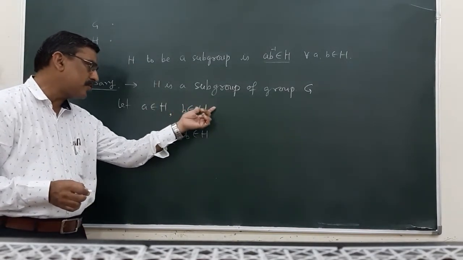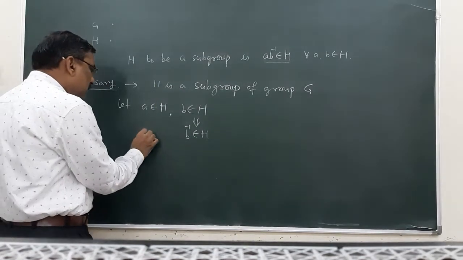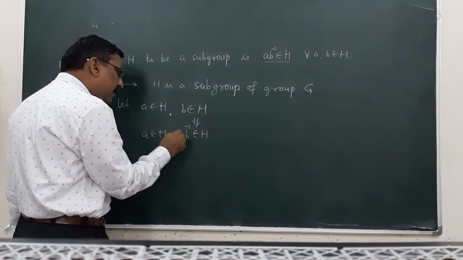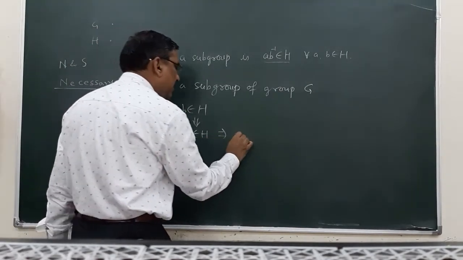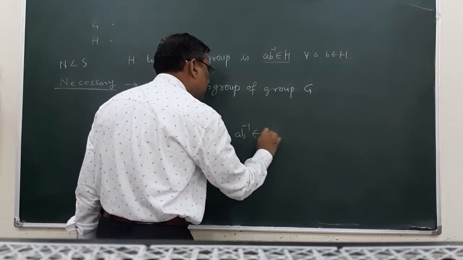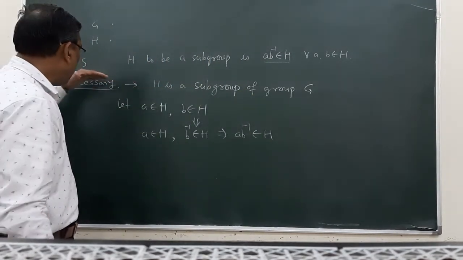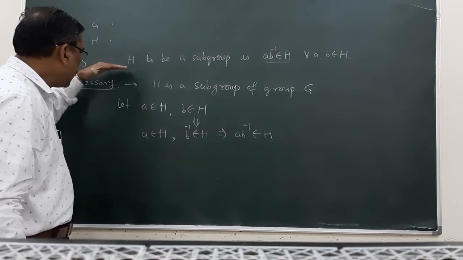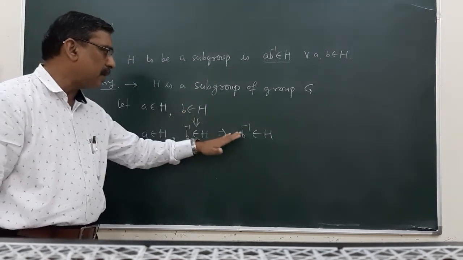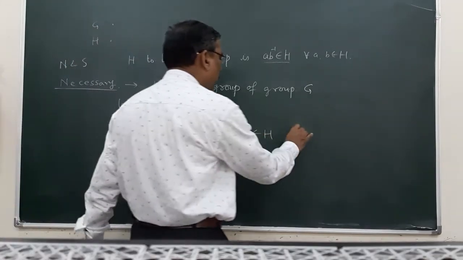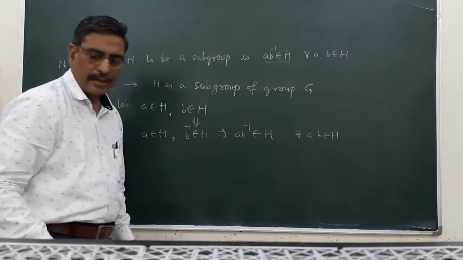Then a belongs to H, b inverse belongs to H, and the closure property says that a b inverse belongs to H. Therefore, if H is a subgroup of group G, then a b inverse belongs to H for all a, b belonging to H.